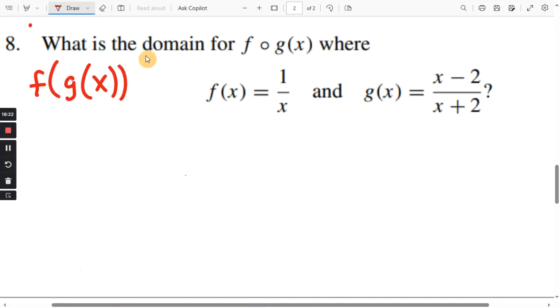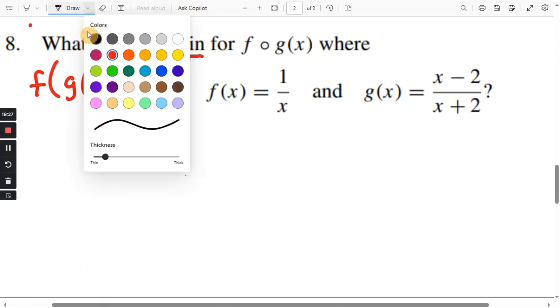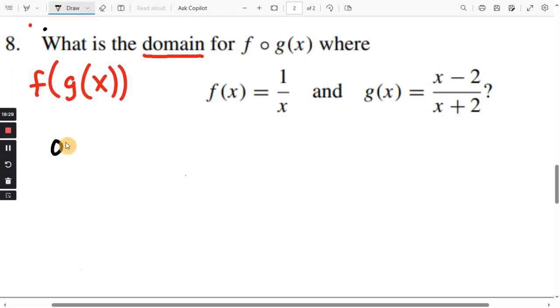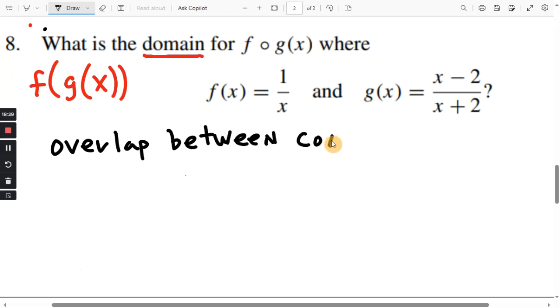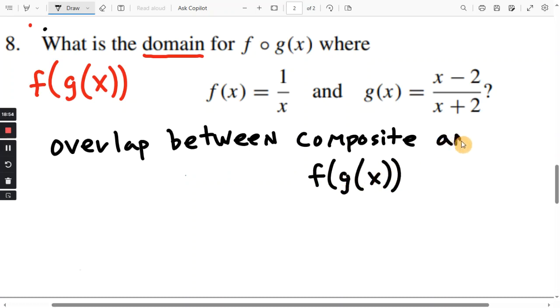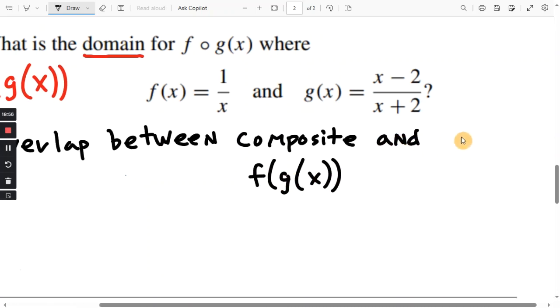And in order to find the domain, you have to find the domain of the overlap between the composite, which is f of g of x, and the inner function.